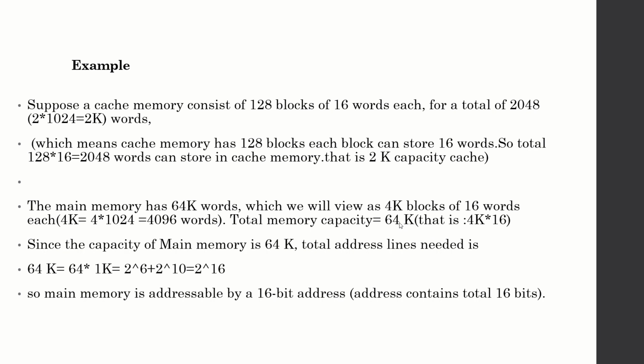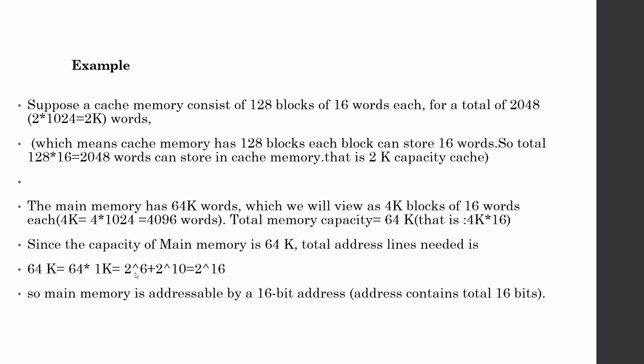Suppose you know all these values, that is, we know the capacity of the cache memory and the capacity of the main memory. The first thing we have to know is the total number of bits in the address lines. That is, how many total address lines will be there. We know that the main memory capacity, as we said, is 64 kilobyte. So I am splitting the value: 64 kilobyte is equal to 64 into 1 kilobyte.